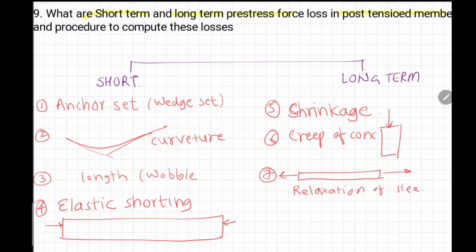So these are the main categories of losses: short term and long term. In long term, we have shrinkage, creep of concrete, and relaxation of steel. And in short term, anchor set or wedge set, the friction loss, which has the curvature effect and wobble effect, and elastic shortening loss.